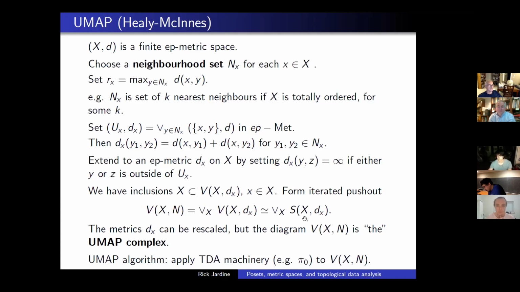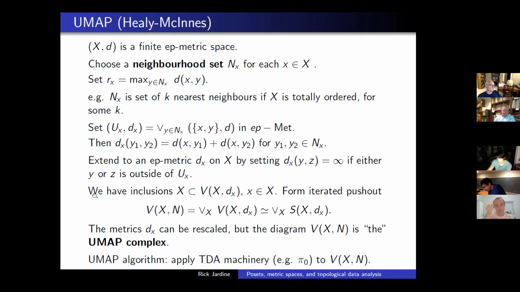In the Helium-McInnes paper, where this was first discussed, they discussed it in terms of simplicial fuzzy sets, and they used Spivak's constructions. And so they wrote it down as this iterated disjoint union or iterated pushout of all these copies of the singular functor over the vertices, but you can replace it by this thing involving Vietoris-Rips, which is much easier to get your brains around.